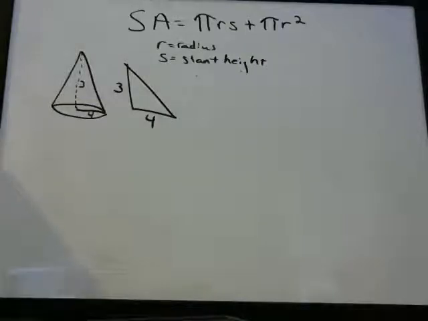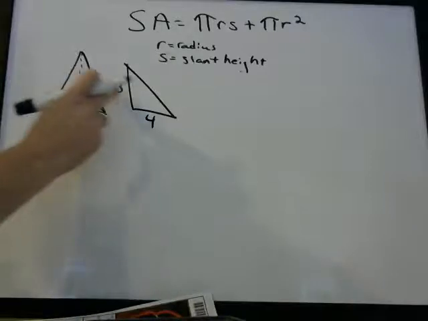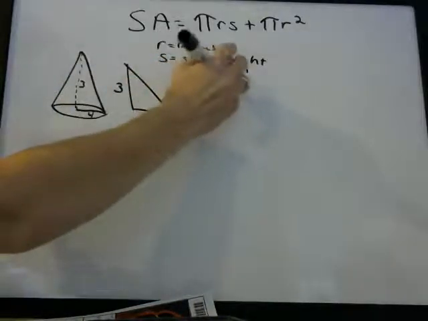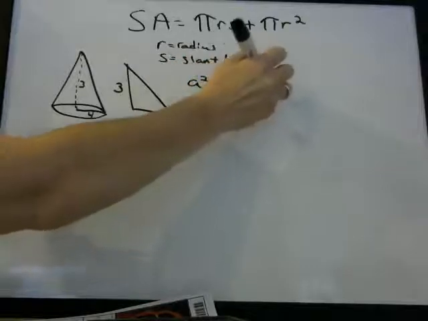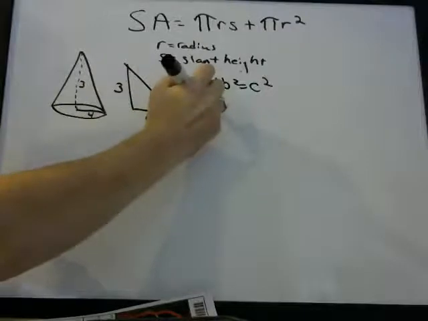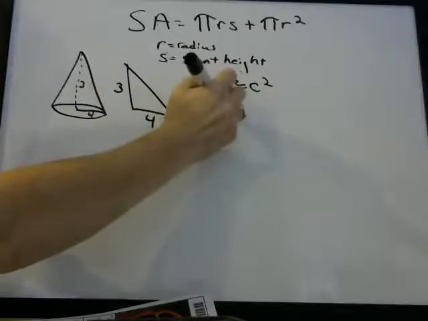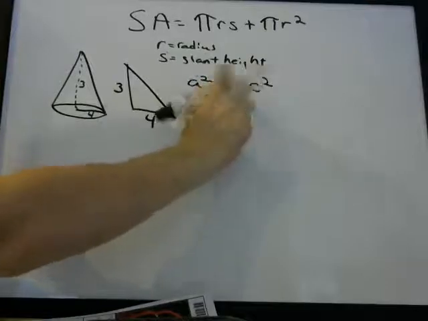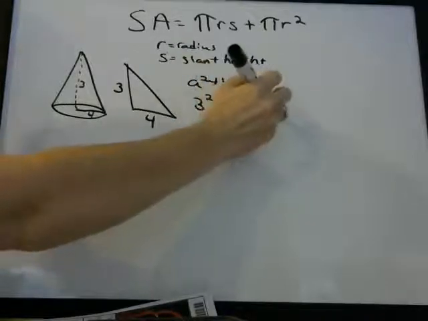If you don't know what that is, you need to watch the Facebook video from March 29th, 2015 about the Pythagorean Theorem. So you can think of this as a squared plus b squared equals c squared. That's the Pythagorean Theorem. Here a is 3, so we have 3 squared plus b squared, which is 4 squared, equals c squared.